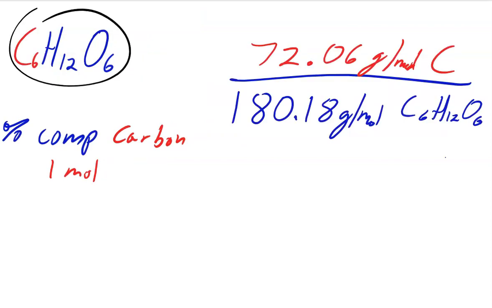So let's pick a sample size of 1 mole and see what we have. I got the molar mass of the whole thing, added it all up, and got 180.18 grams per mole for glucose. And when I circle the one compound, I circled 6 carbons. So the part would be the carbon, but not one carbon, it's all the carbons in one molecule, or all the moles of carbon in 1 mole of the molecule, which is 72.06 grams, or 6 times 12.01.